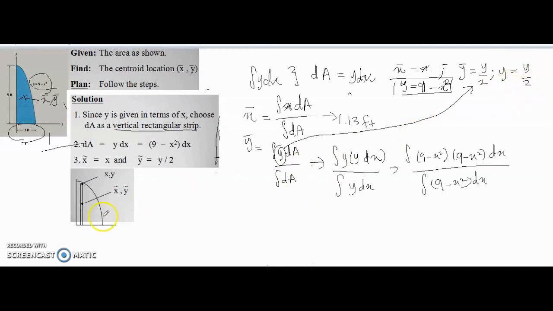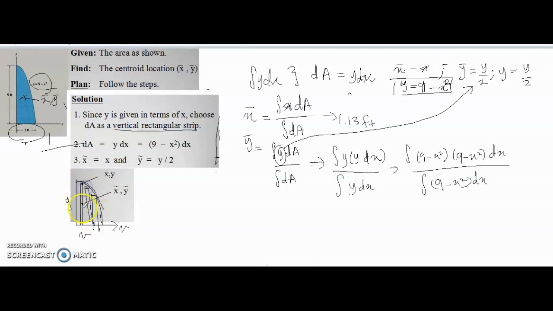Okay, because based on this rectangle, the x is any value of x, but the y here we cannot simply take y, because if we take y at any location of the rectangle here of the changing of x, it will take the maximum value.